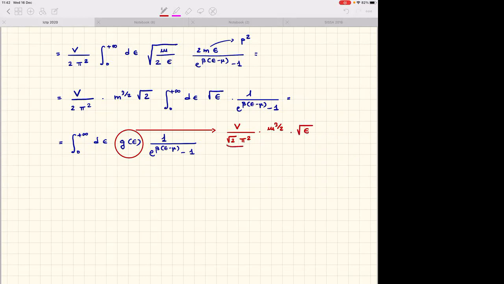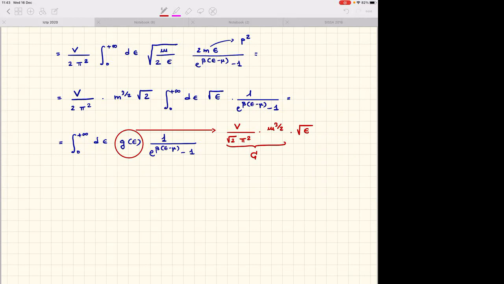So this thing here is just a constant. What is important is that this function goes like square root of epsilon, close to epsilon equal to 0. Okay?